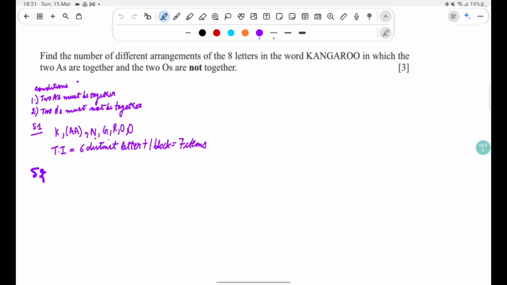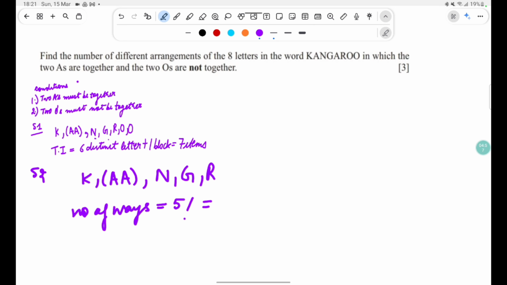So basically, to ensure that two O's are not together, we first arrange the 5 items, that is K, the A block, then N, G, R. And now the number of ways to arrange these 5 items is 5 factorial, which is nothing but 120.